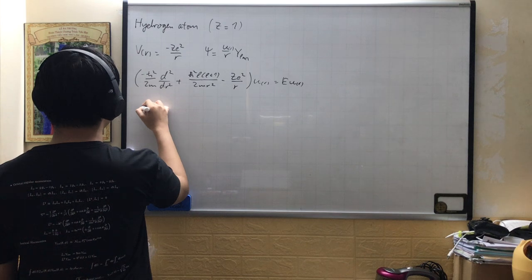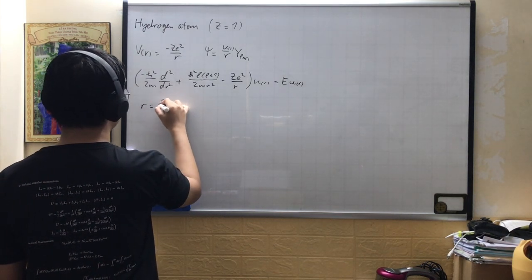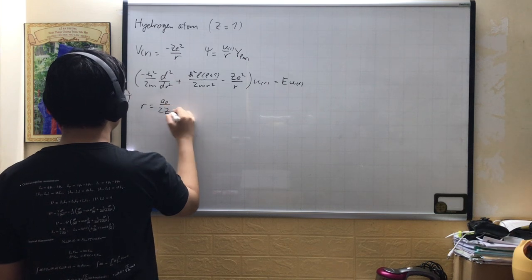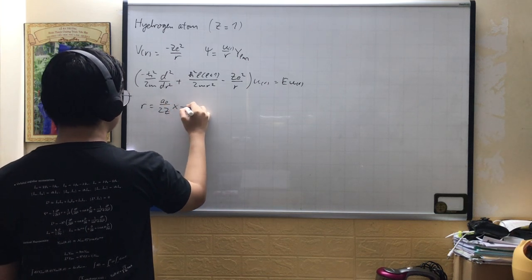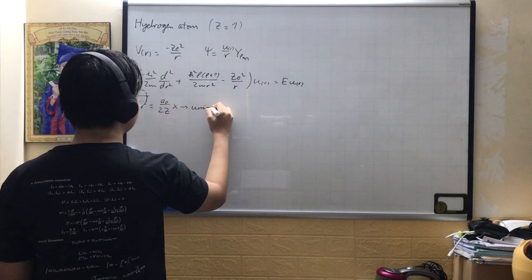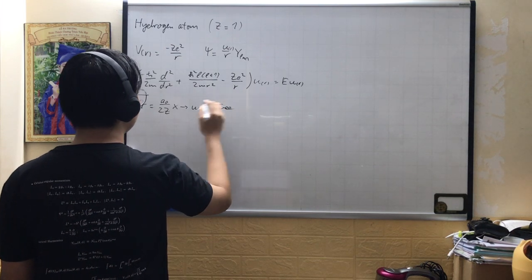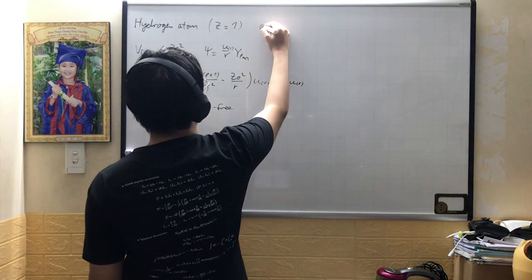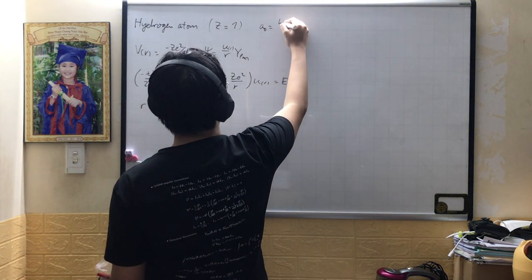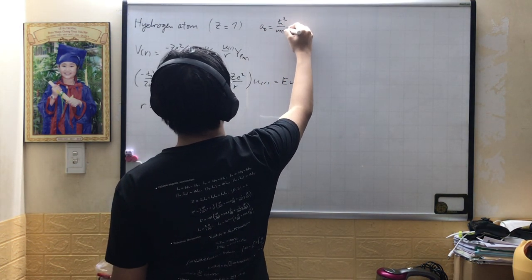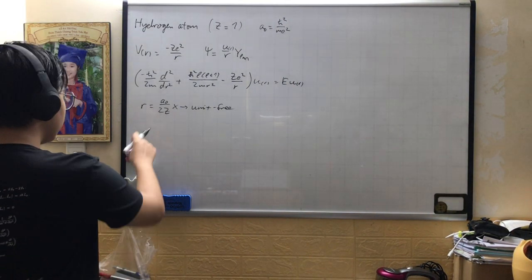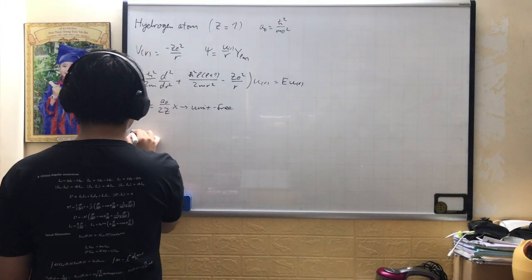So we're going to take r equal to a naught over 2Z times x, and x here would be unit free. And a naught is a constant, the Bohr radius, equal to h squared over m e squared. These are all constants, and this is unit free. So then we sub it back in.